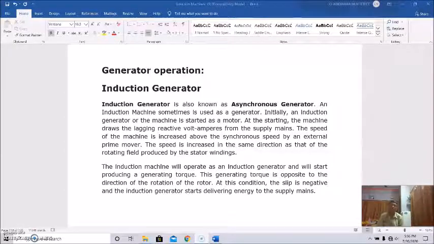The speed is increased above the synchronous speed by an external prime mover, in the same direction as that of the rotating field produced by the stator windings. The induction machine will then operate as an induction generator and start producing a generating torque, opposite to the direction of rotation of the rotor. At this condition the slip is negative and the induction generator starts delivering energy to the supply mains.